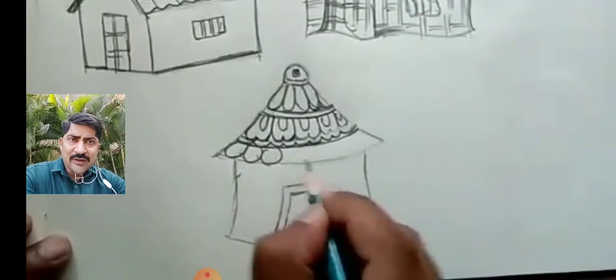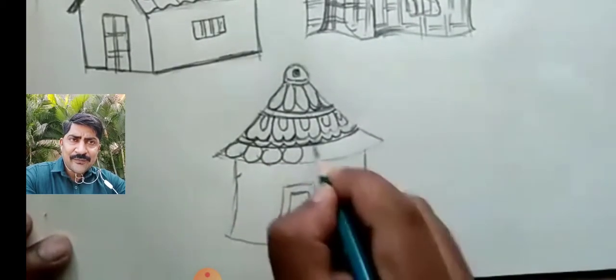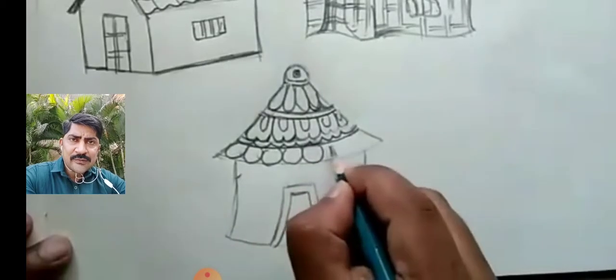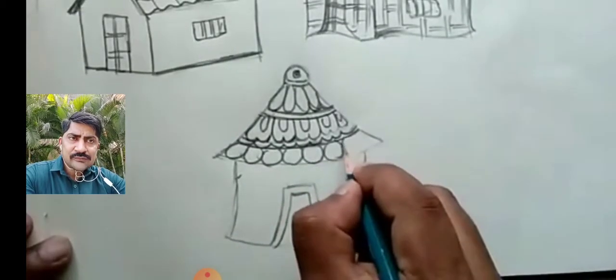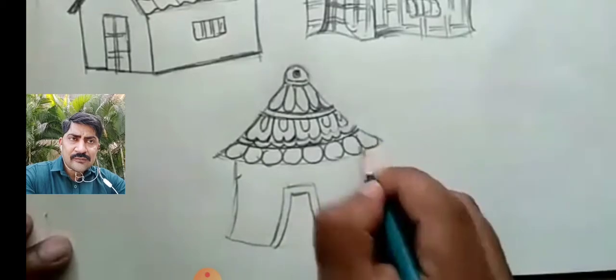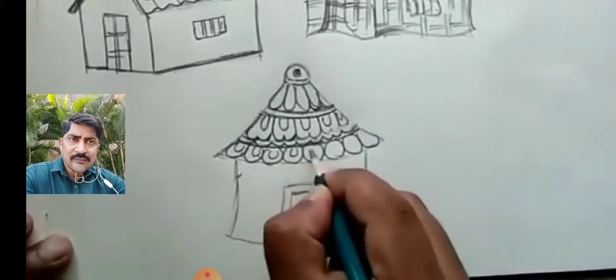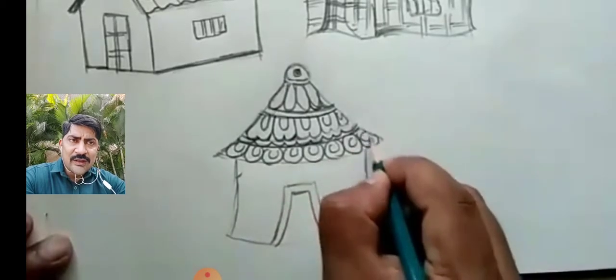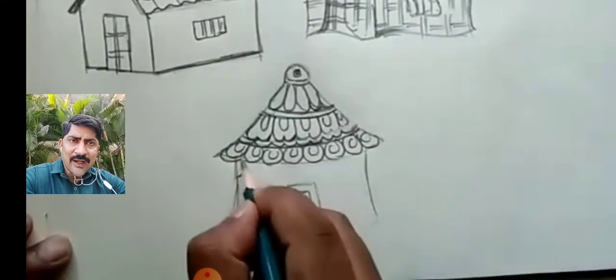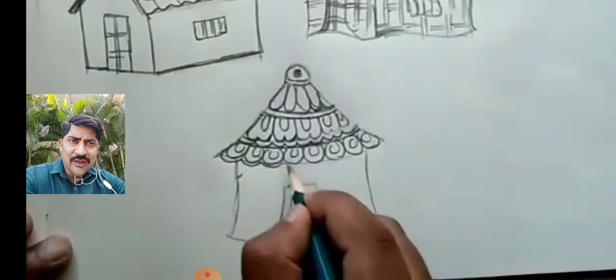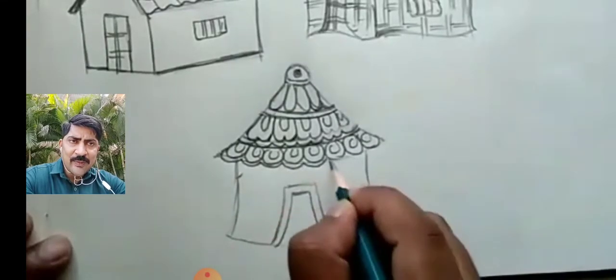Last line, circles. So this way you can create a house very easily and within no time. It takes 3 to 4 minutes to do this type of house.